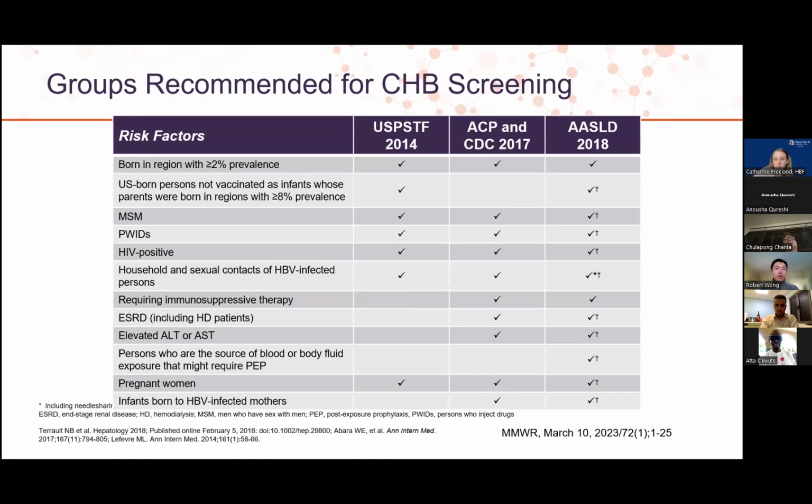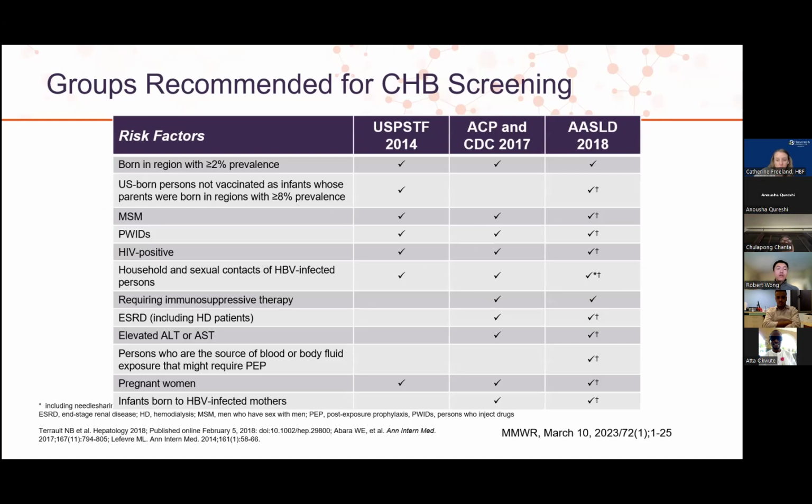These are some of the historical data looking at the evolution of screening recommendations. I'm not going to go into this in detail, but just to say that with time, our approach to hepatitis B has evolved. You can see in the past, it was primarily risk-based, which, as you can imagine, introduces a lot of stigma. To say someone is high risk for an infectious disease puts a lot of stigma on these individuals.